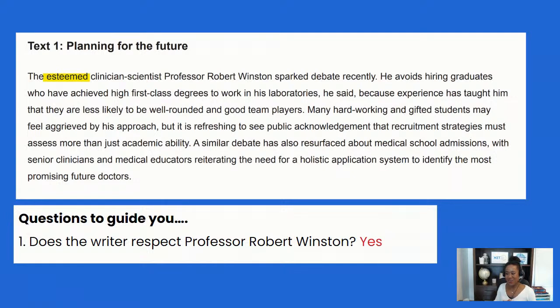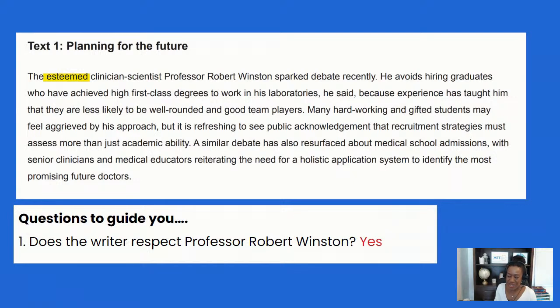I would say yes. It sounds like the writer does respect Professor Winston because of the use of the word esteemed. This is a positive adjective showing that the writer does have respect for Professor Winston.